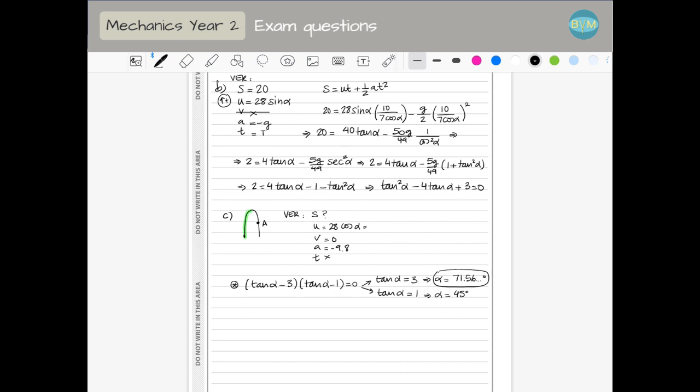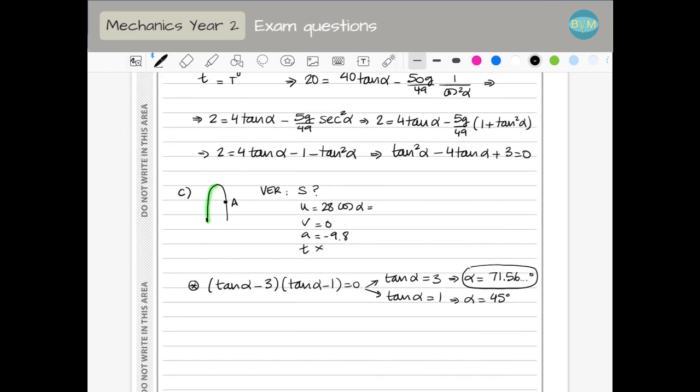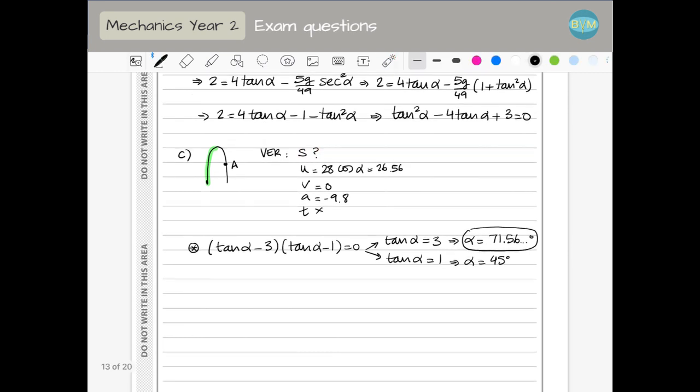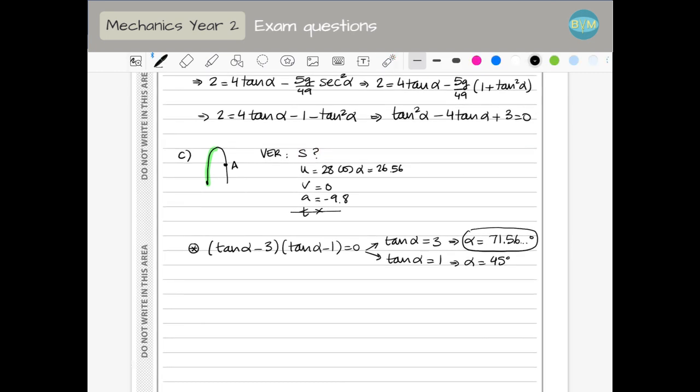And this means I can write the initial velocity as 28 cos 71.56, which is 26.56. I am going to keep the numbers with all the decimals in the calculator. Yeah, I'm just rounding to write it, but I'm keeping all the numbers. So how do we find the vertical displacement? SUVAT equation without t. It's not S equals ut plus 1/2 at squared, sorry, I don't want t, not this one.